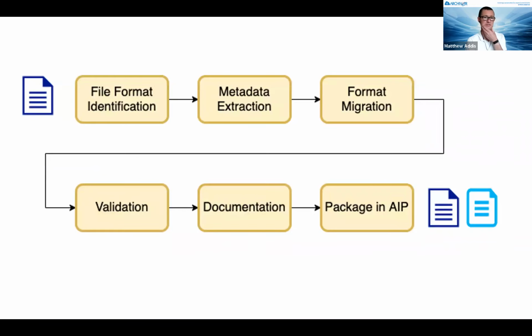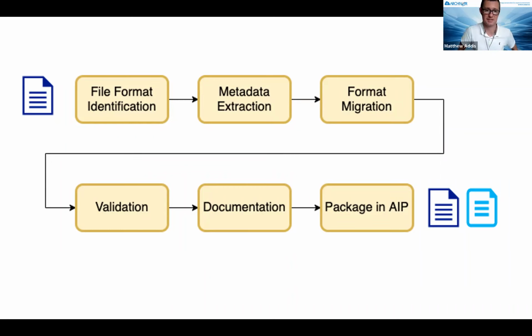So the process is, a file comes in, goes through file format identification. It'll go through metadata extraction to document what it is. If it's in a file format that could be converted, then it'll go through file format normalization. That could also be followed by an optional validation step, for example, checking PDF compliance.